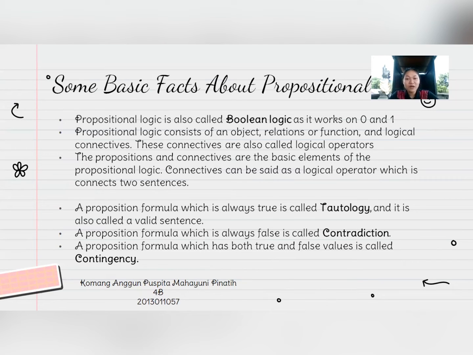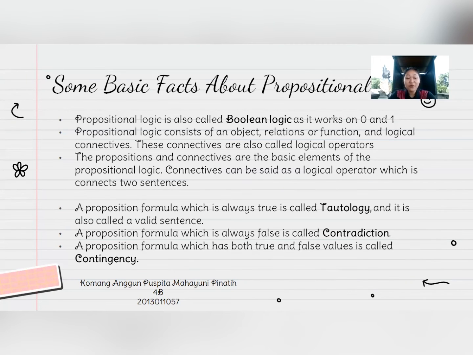These connectives are also called logical operators. The proposition and connectives are the basic elements of propositional logic. Connectives can be said to be logical operators which connect two sentences.